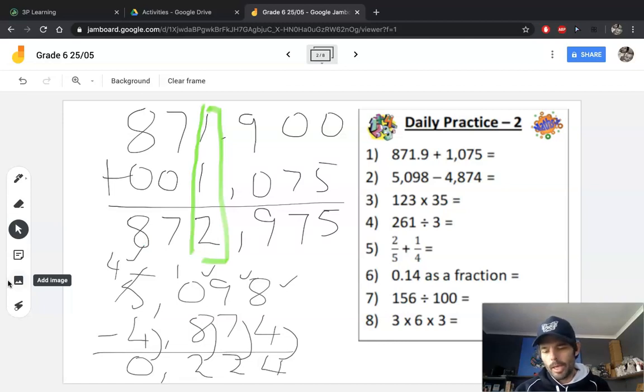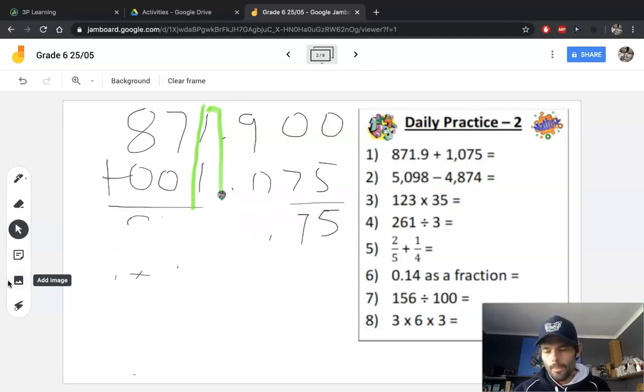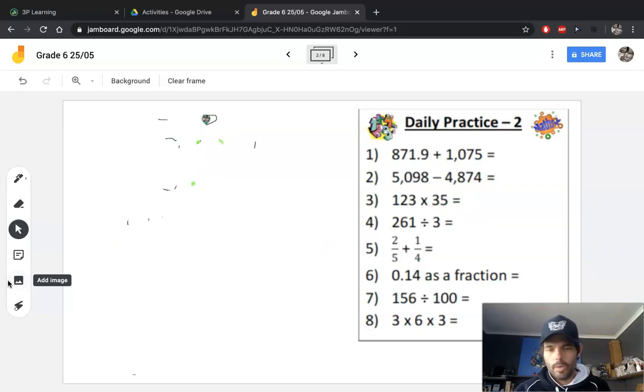Okay, a long multiplication question in question number 3. And here I am going to use the column method. I don't often use the column method, but I know some of you will do. So I just want to do it for that reason. 123 times 35.